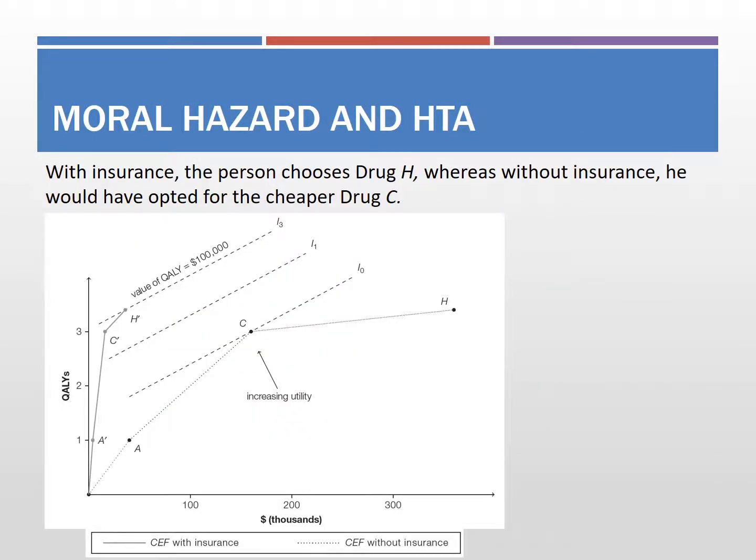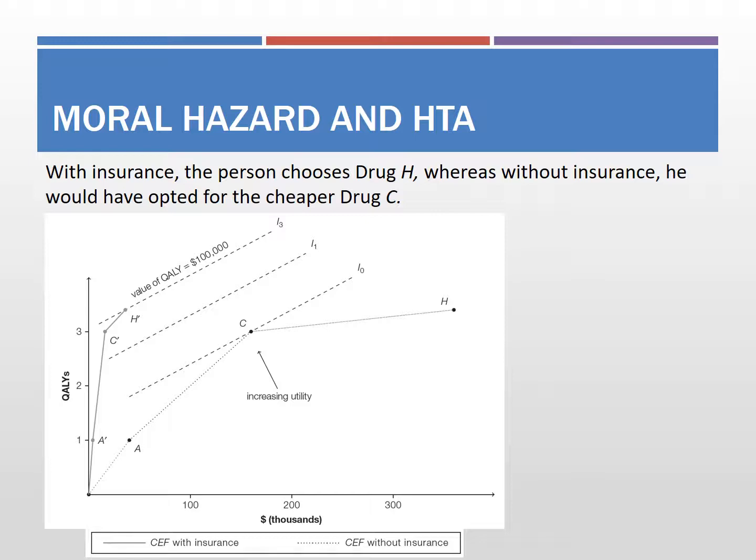Again, by looking at the diagram here, you can see what happens to this patient when the insurance covers 90% of the total healthcare costs.